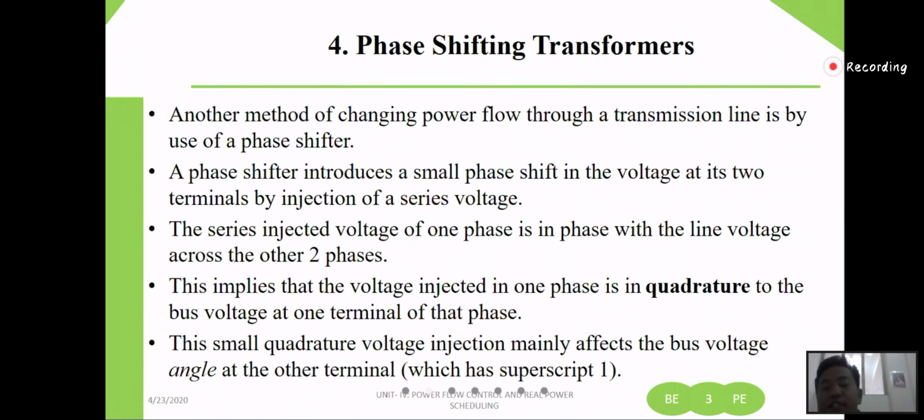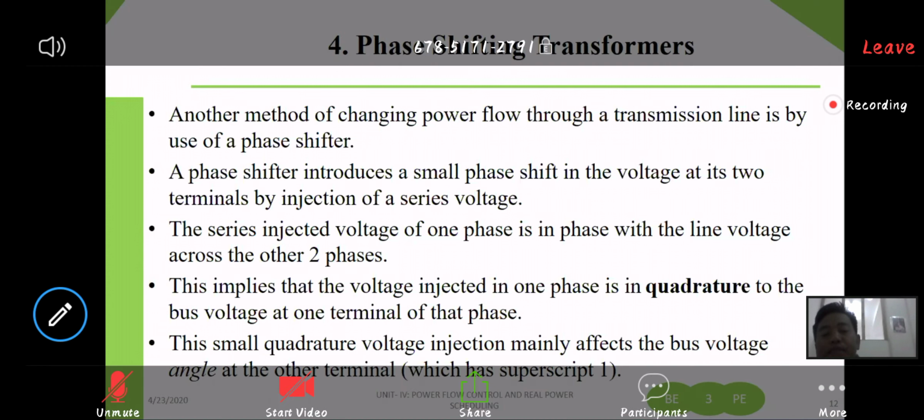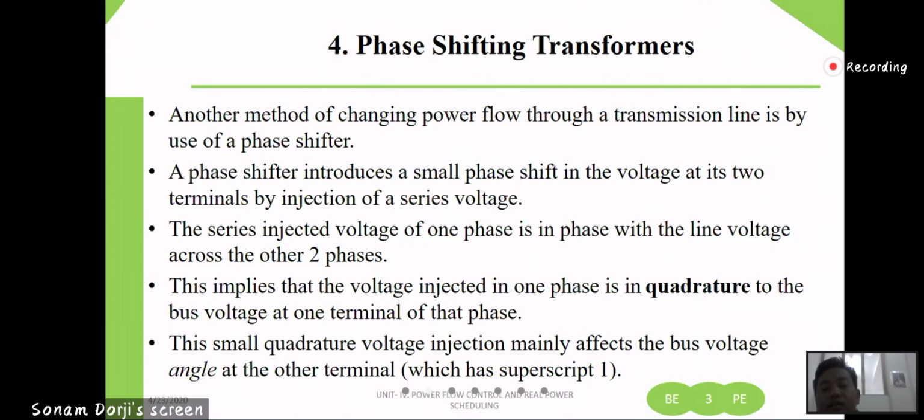Such things are not learned in power system operation and control. In power system operation and control, we assume that you have learned all the characteristics and working principles of devices, for example the phase shifting transformer or transformer, and that you know them.